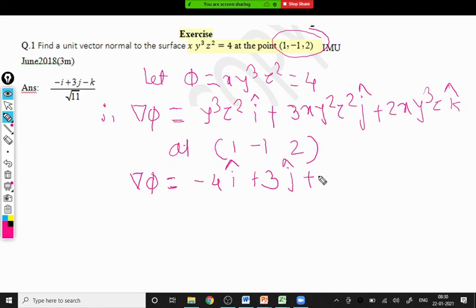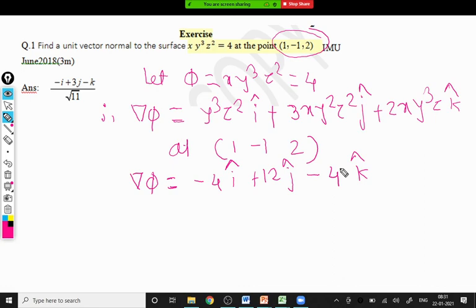Sorry, I'm talking about the j part. It would be 12j cap. Is it plus? Yes, sir. And I think the k part is also not correct. It is -4k cap. Correct. So this is the vector that we got, and this vector is known as a normal vector to the surface at a point 1, -1, 2.